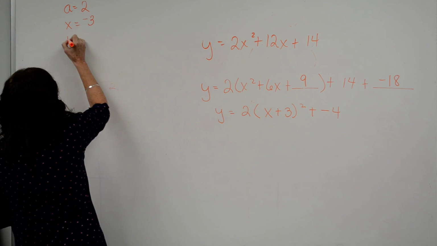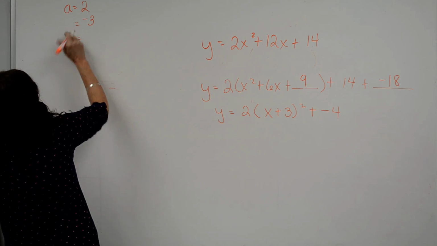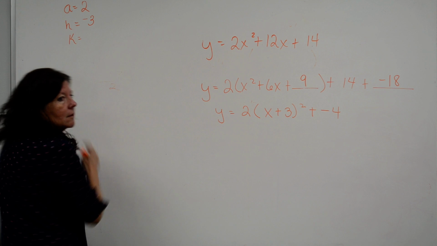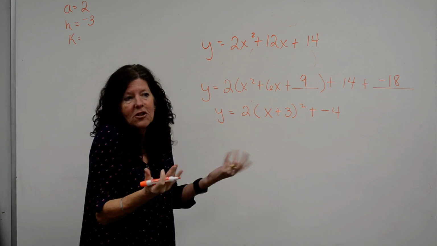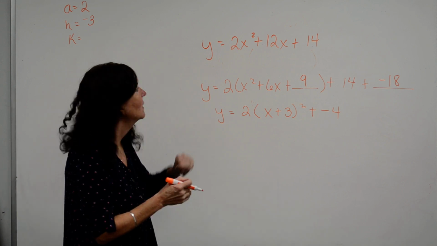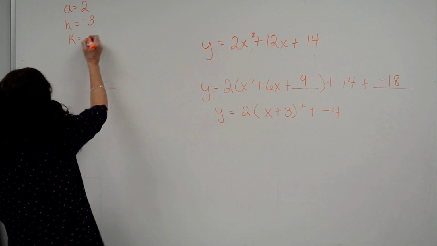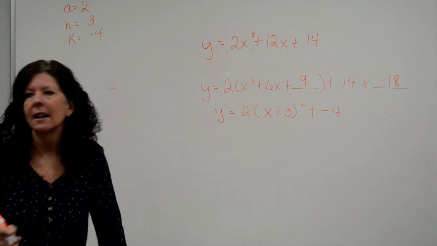So negative 3, and what is my Y value? And actually, let's call these H and K, okay? The H is the same thing as the X, but because I have H and K over here, we're going to go with that. Okay, so the K is what? Negative 4. Okay, guys, I got everything I need.